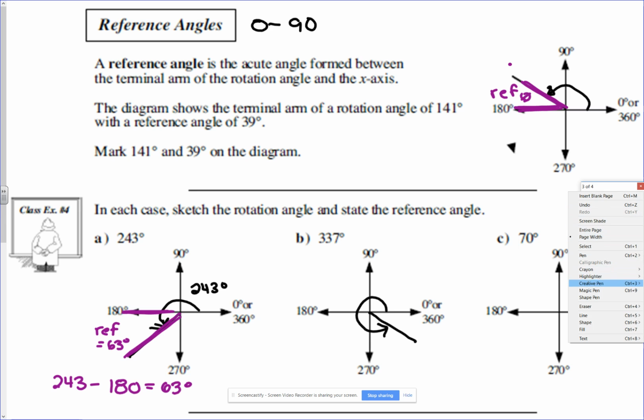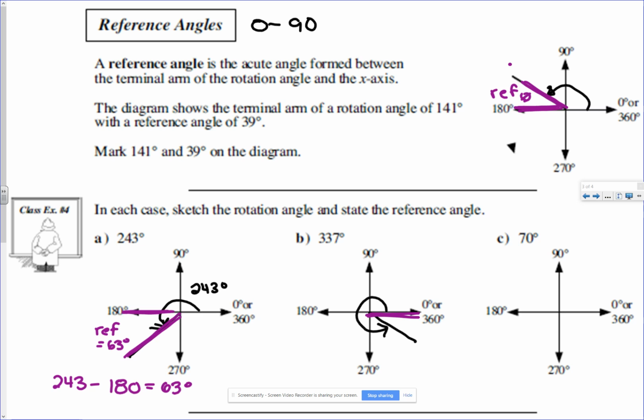So again, my reference angle is between my x-axis and my arm. So my reference angle is that one right there, and I have to figure it out.